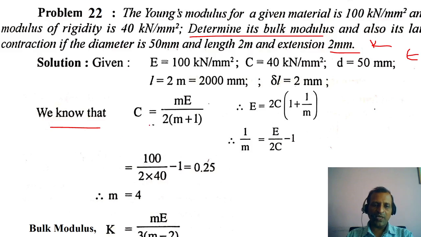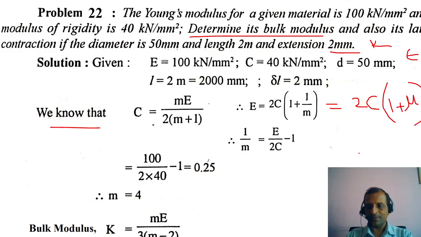So now we know that C is equal to E divided by 2 into (m plus 1)... so E is equal to 2C into (1 plus mu). This was the formula, right?